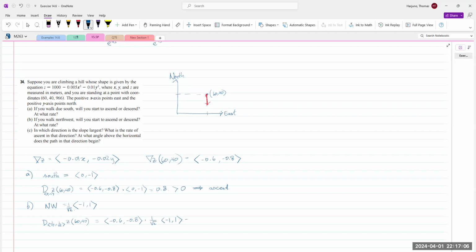That will give us 1 over radical 2 times 0.6 minus 0.8, which is negative 0.2 over radical 2.